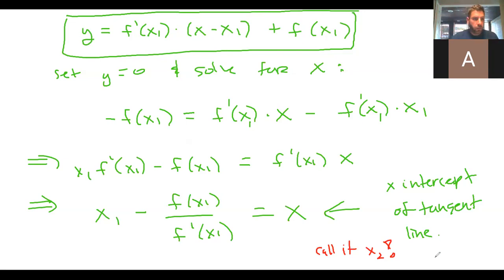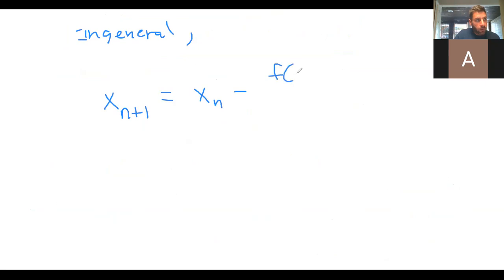So we have this pattern. In general, the nth plus 1 approximation is equal to the previous approximation minus f evaluated at the previous approximation divided by f prime at the previous approximation.